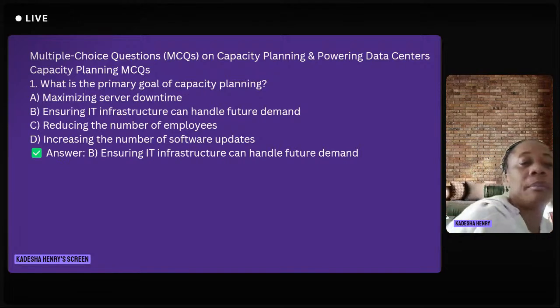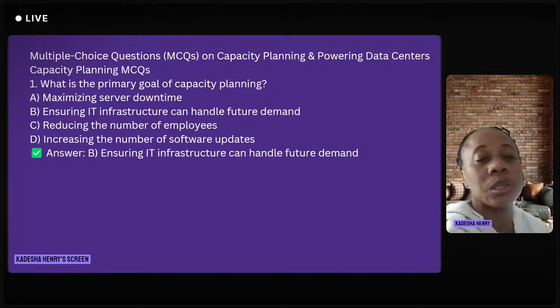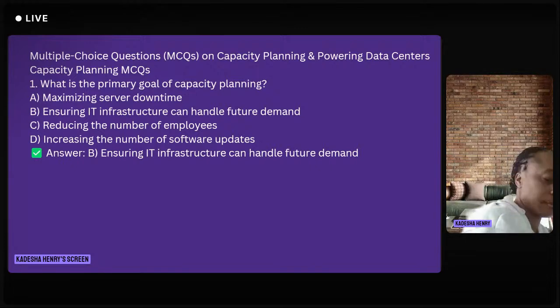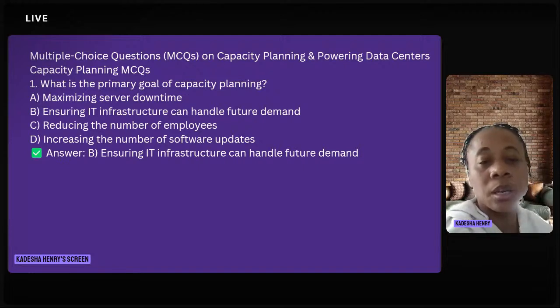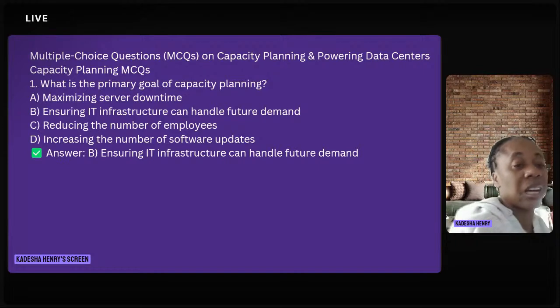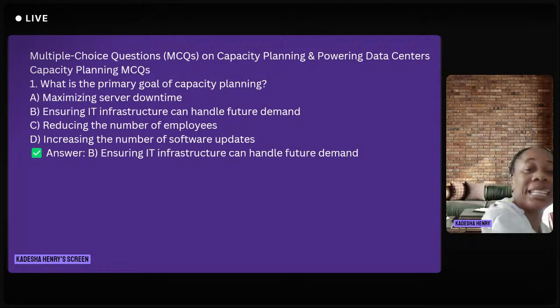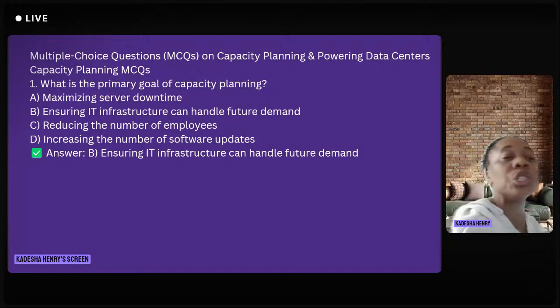A, maximizing server downtime; B, ensuring IT infrastructure can handle future demands; C, reducing the number of employees; D, increasing the number of software updates. The purpose of capacity planning is ensuring IT infrastructure can handle future demands.